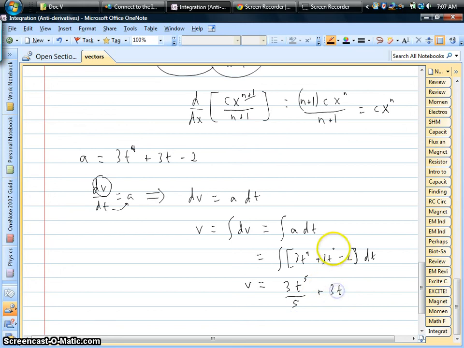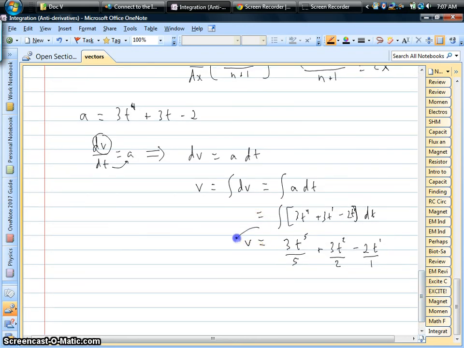We add 1 to this power, this is time to the 1st, so we have time squared divided by the new power. Now what do you do for a constant? Minus 2. Well, if we think of that as time to the 0th power, we can add 1 to the power, so we get time to the 1st divided by 1, which is that new power. And this would be your velocity equation.